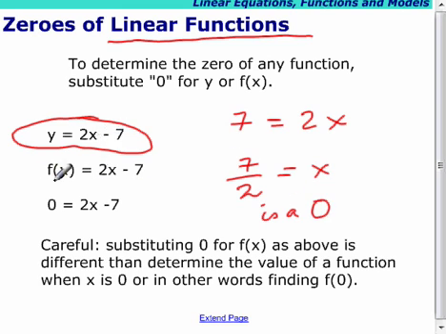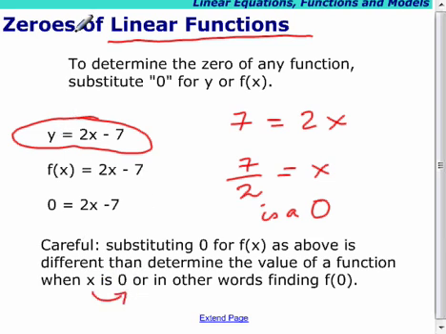When we look at a function on graphs, it would be the point at which the graph crosses the x-axis, or a 0. Okay, that's what that is. Don't confuse zeros of linear functions with what I'm saying down here. It's different than when you're substituting an x in for 0.